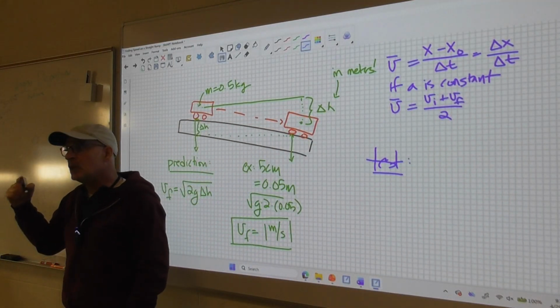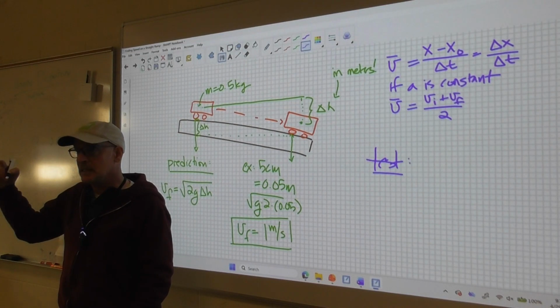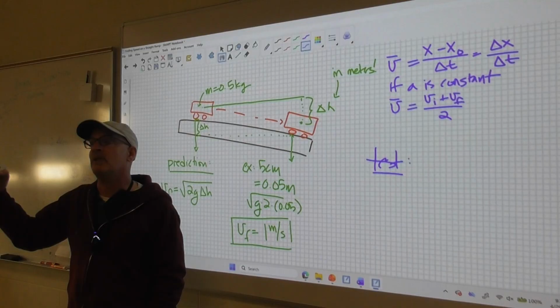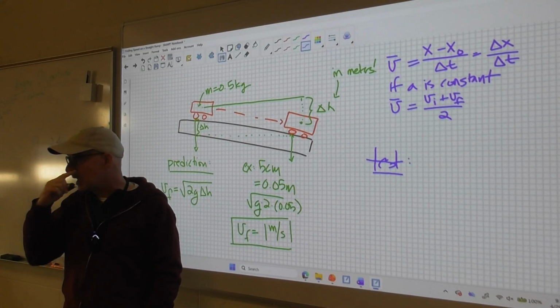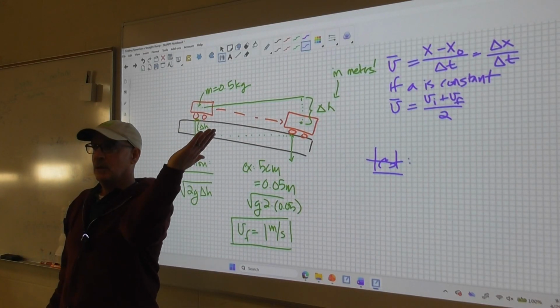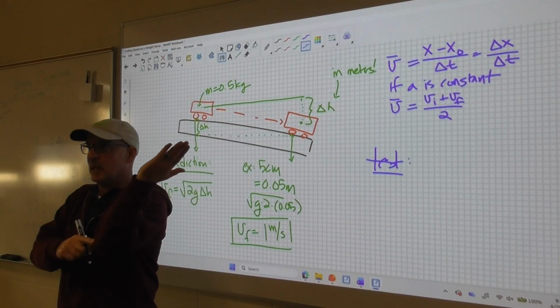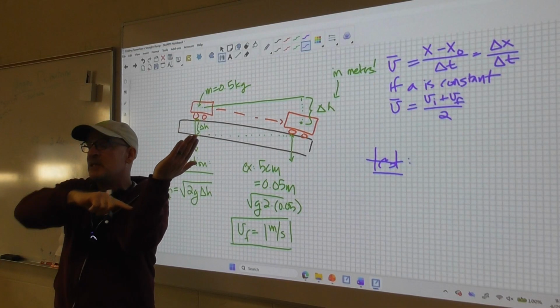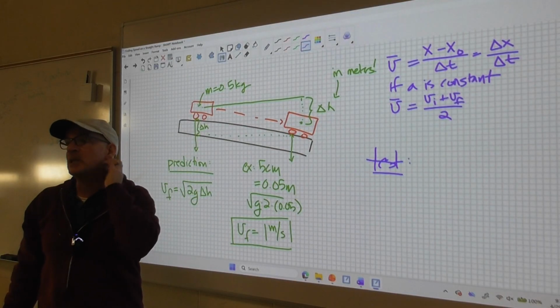The average velocity of an object is equal to the mathematical average of its initial and final velocity if the acceleration is constant. It'll be linear. So if it starts at a certain speed and ends at some other speed, its average speed is just halfway between those speeds, as long as the acceleration is constant.